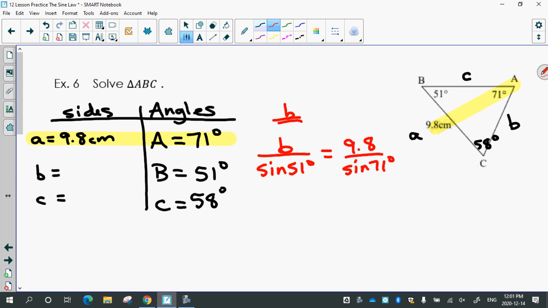Sides I find are a little easier to find because you don't have to do the sine inverse. You just multiply both sides by sine 51, undo the divide by sine 51. And then you just have to make sure you put it in your calculator. I find I make mistakes all the time typing stuff in, so you have to double check it if it's your assignment and you want to make sure.